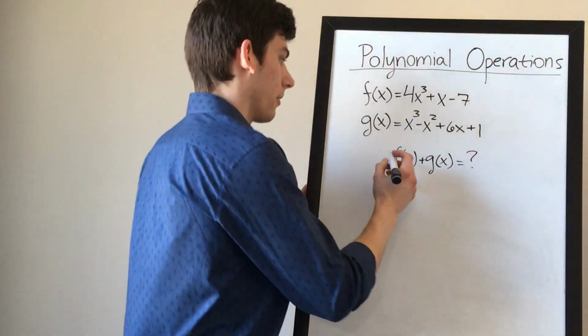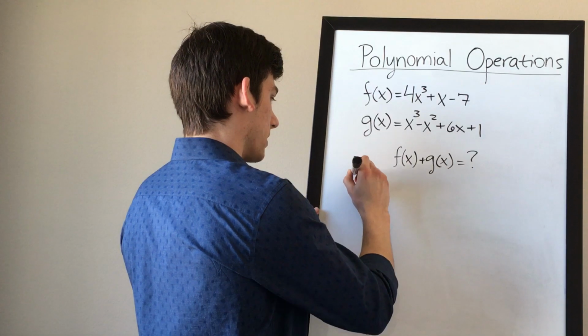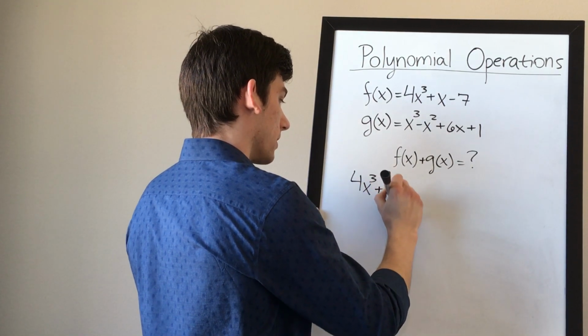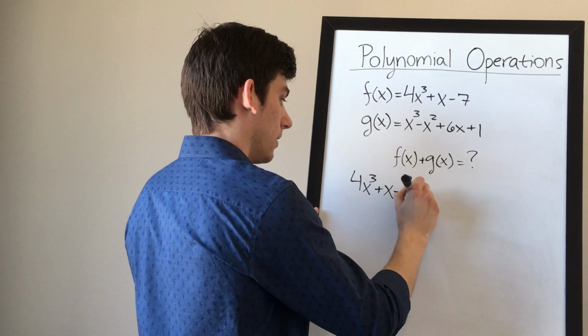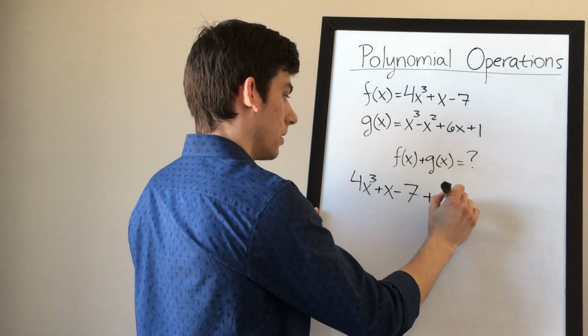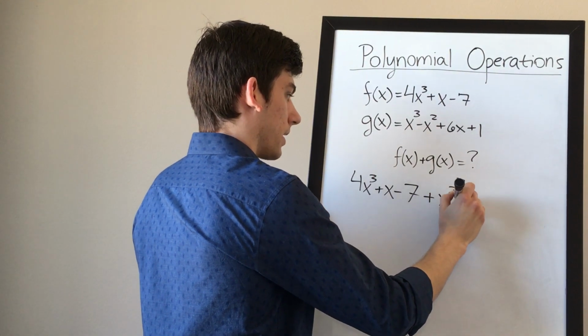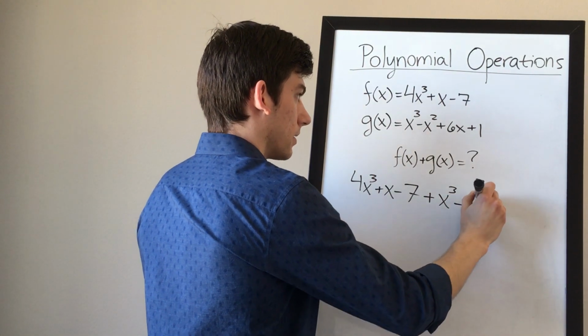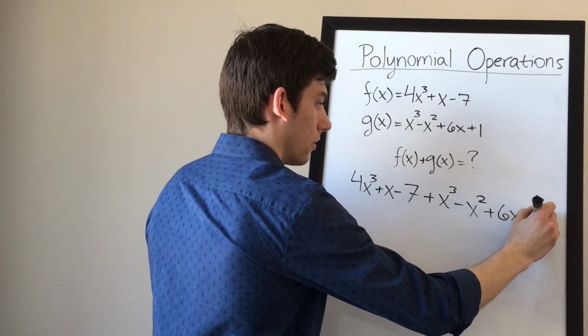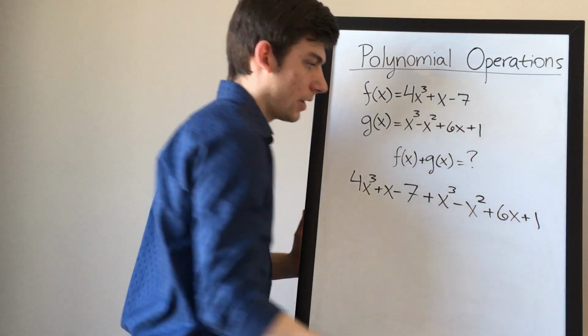So f of x plus g of x, no problem. Just write down f of x, that's going to be 4x to the power of 3 plus x minus 7, plus g of x, plus x to the 3 minus x squared plus 6x plus 1. There you go.